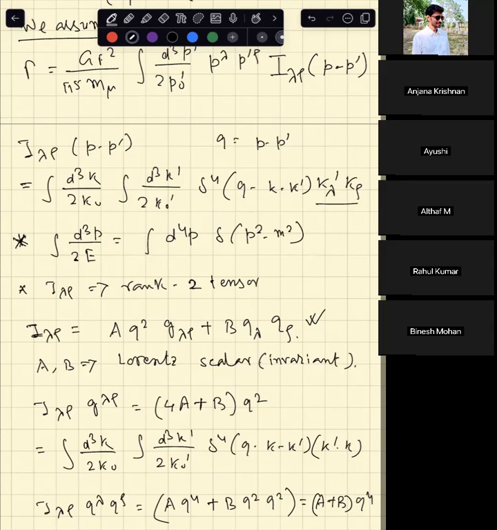So the thing is basically, the lab frame calculation goes for scattering, not for decay. I'm only talking about the decay process, not scattering.